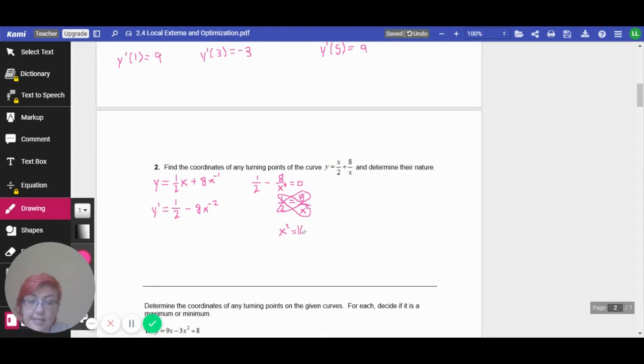Now, to find x, I take the square root, and the square root of 16 is both positive and negative 4. So negative 4, comma 4. All right, let's find our points.